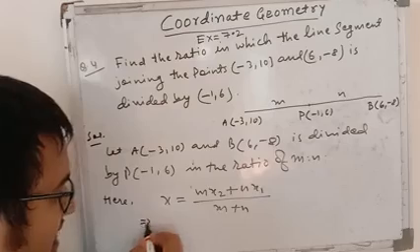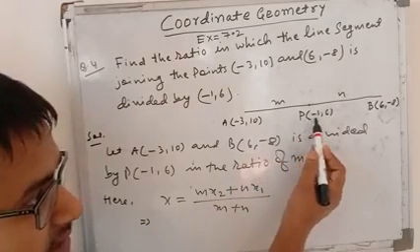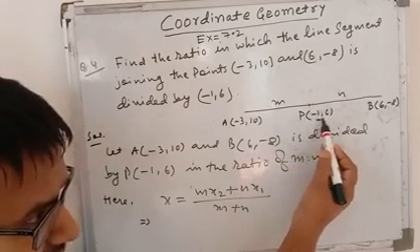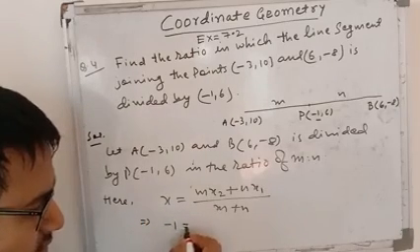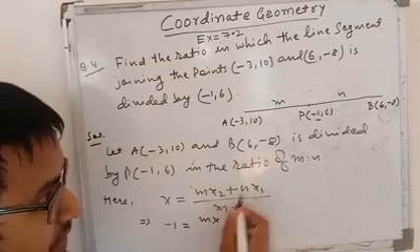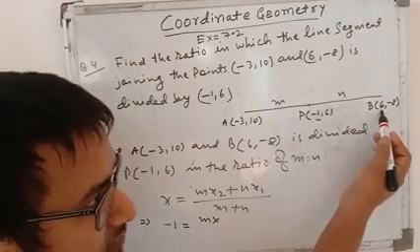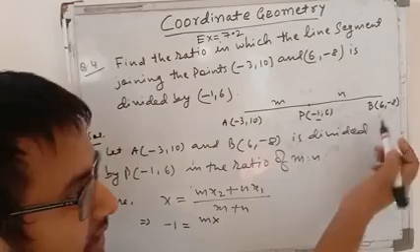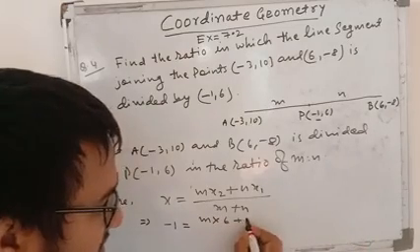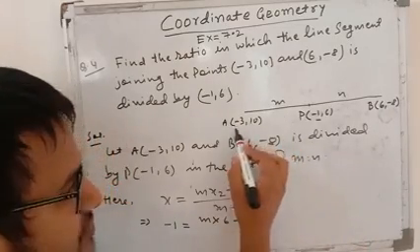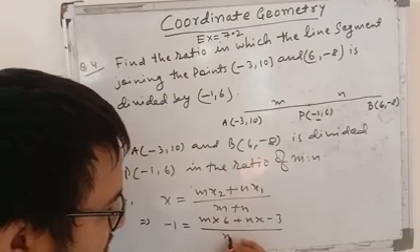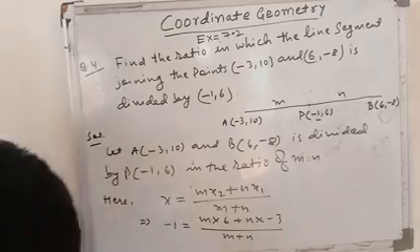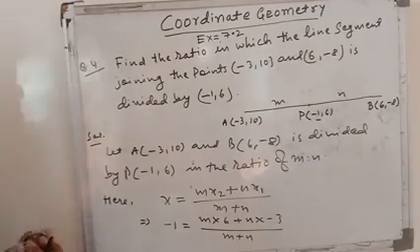Now you will see what is X. Here the abscissa of point P is -1, so we replace X by -1. M we don't know. mx2, with x2 the abscissa of point B, is 6, plus nx1, with x1 the abscissa of the first point, is -3, all by m plus n. From here we will find the ratio.